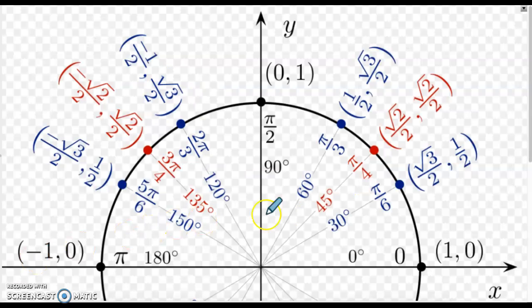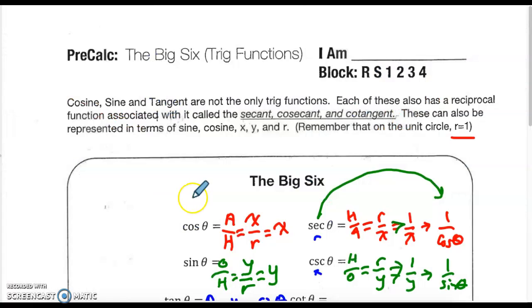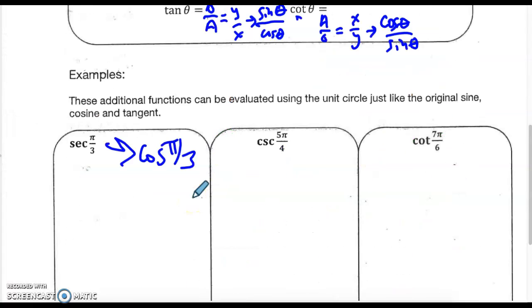I have a unit circle right here, pi over 3. Cosine is your x value, so the cosine of pi over 3 is a half. So the secant of pi over 3 has to be the reciprocal of this, which is 2 over 1, or 2.